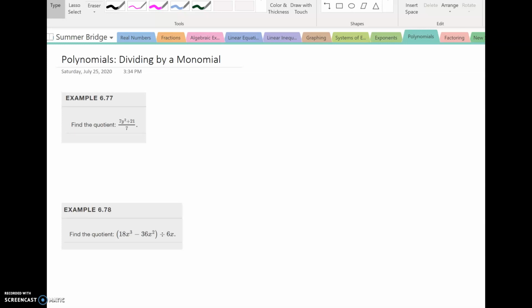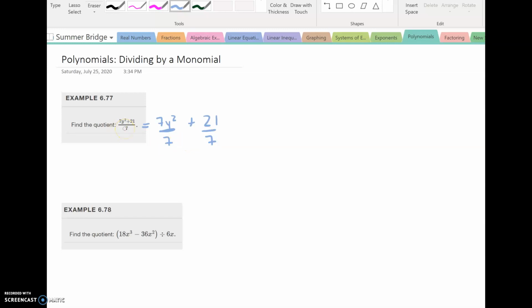Basically, whenever I have more than one term in the numerator and I'm dividing the whole numerator by a single term, I can break up the numerator into two different fractions and divide both of those fractions by the same denominator.